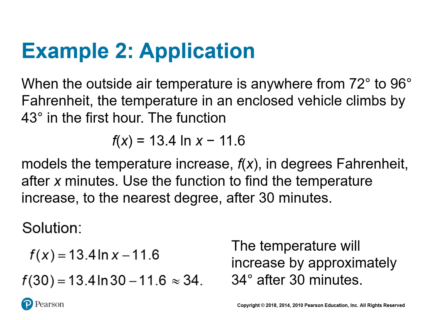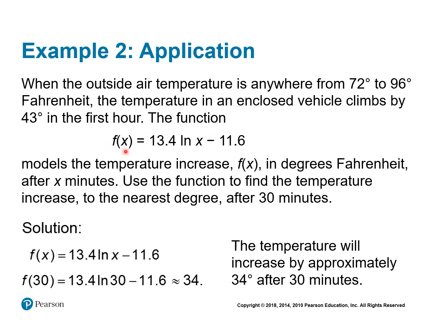Let's end this with an application problem with natural logarithms. It says when the outside air temperature is anywhere from 72 degrees to 96 degrees Fahrenheit, the temperature in an enclosed vehicle climbs by 43 degrees in the first hour.